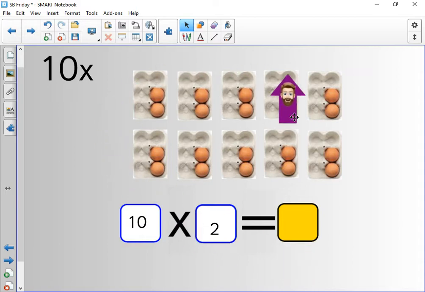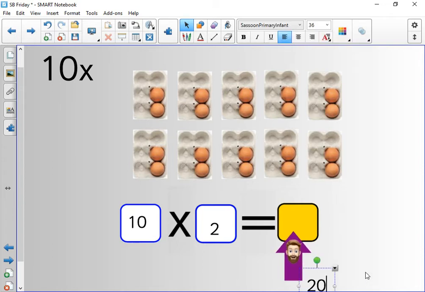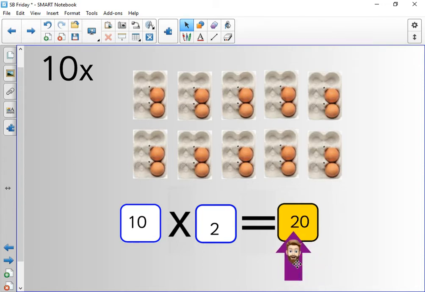How many eggs can you see? Well, there are 20. How did you count those? Did you count them all up in twos? Now, I saw 5 twos make 10 there, and 5 twos make 10 there, so there are 20.